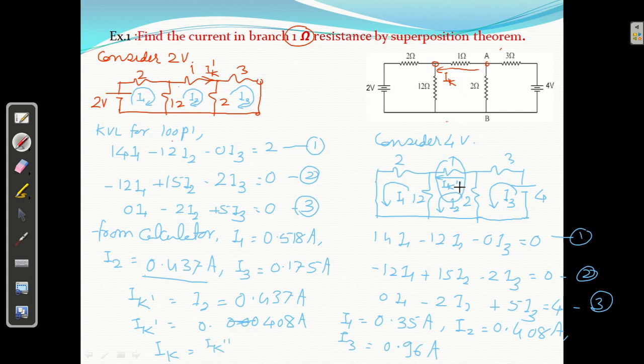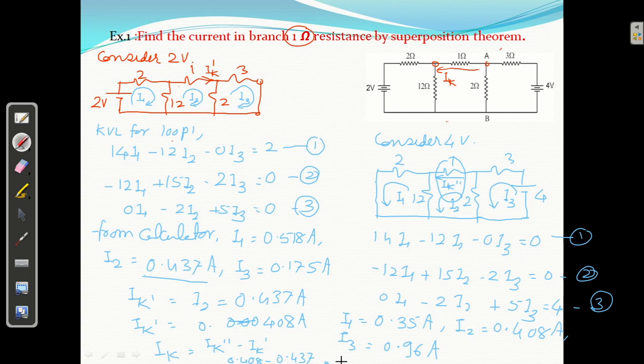The direction of Ik and Ik double dash is the same, but the direction of Ik single dash is reverse. So Ik double dash 0.408 minus Ik single dash is what? Minus 0.437.